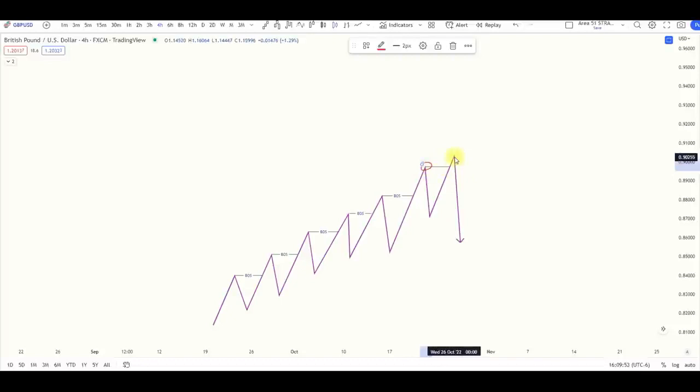So the market went up, faked out, and then came down. So in the smart money concept, this is called liquidity grab. So this move is a fake move. It took out all the stop losses that were sitting here, okay? And then reversed right away, creating a new low, all right?